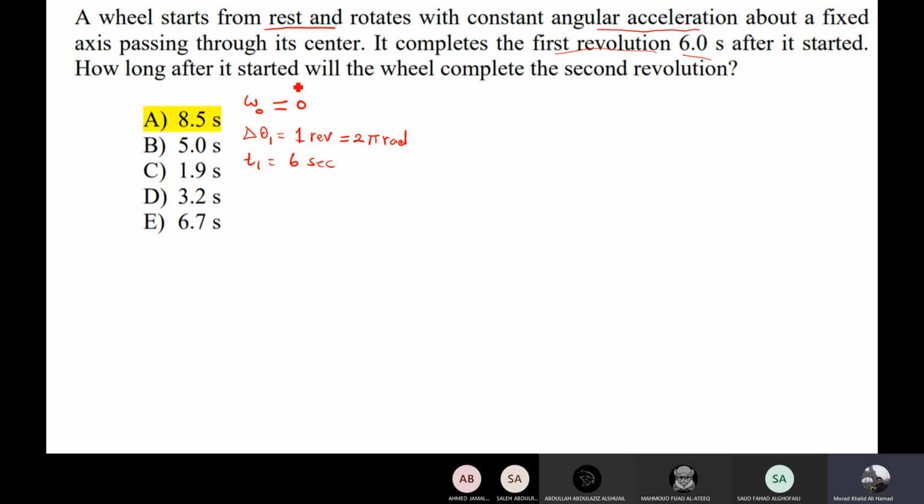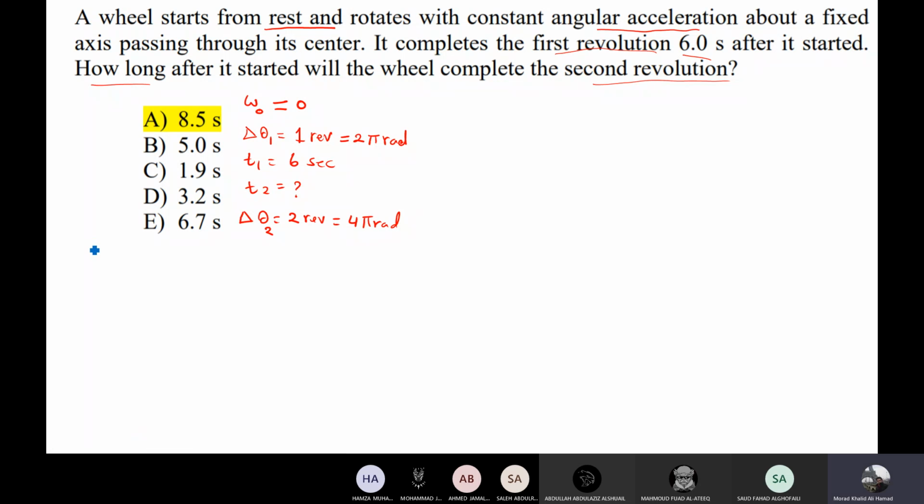How long after it starts will the wheel complete the second revolution? He asked how long, which means we are looking for T2. After the second revolution, delta theta 2 is equal to 2 revolutions, which is 4 pi rad.